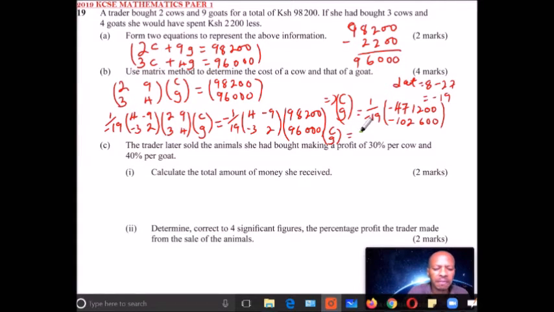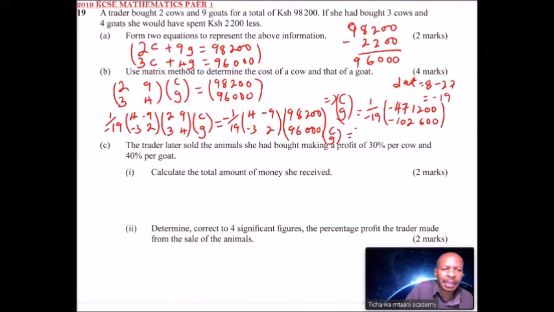So you multiply 1 over minus 19 by minus 471,200. You should get 24,800, and the other one you get 5,400.